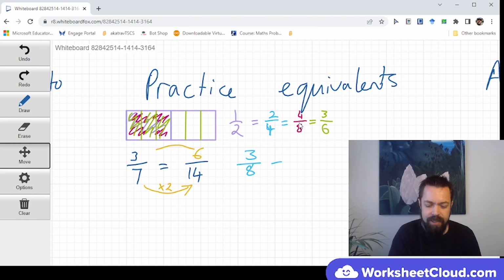So we've got 8, and then we're going to say, okay, we've got 24 at the bottom. Oh well, we can work that way. It's the same way as before, but it's fine. Okay, what did I do to 8 to turn it into 24? 8, 16, 24, times by 3. Must do the same to the top, times 3 gives me 9. So those two are equivalent fractions.